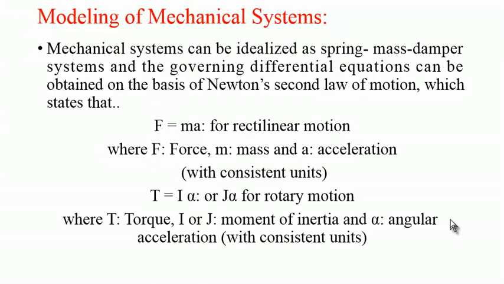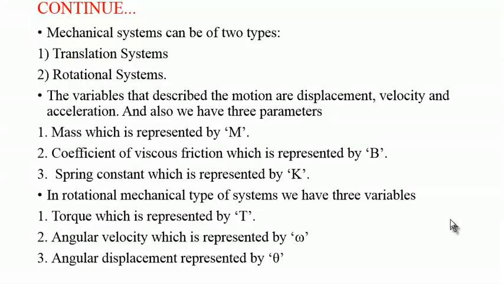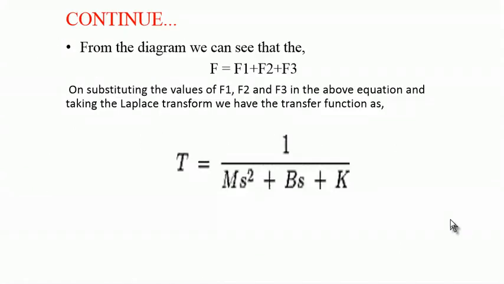We apply the governing differential equations on the basis of Newton's second law of motion to that mechanical system. We developed the governing differential equations and applied the Laplace transform to them. Finally we get the transfer function as 1 divided by ms square plus bs plus k.